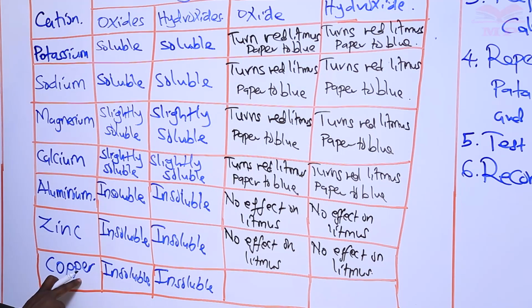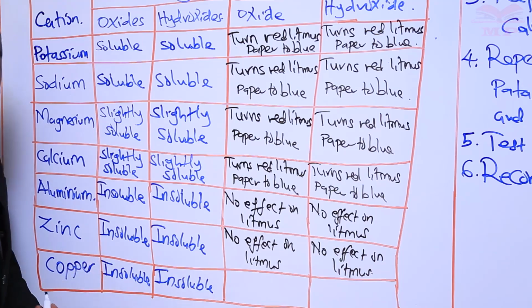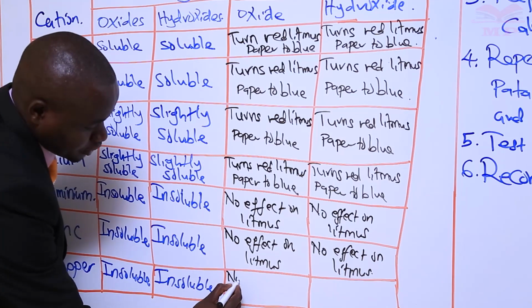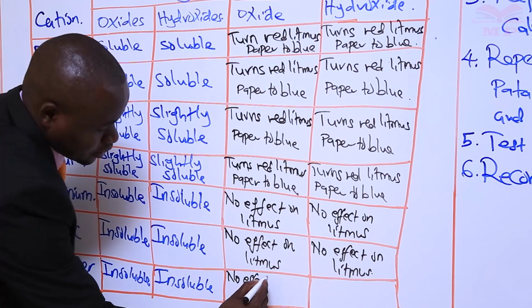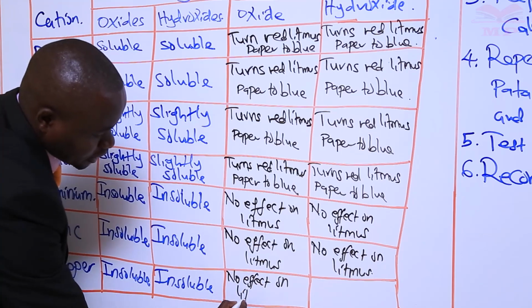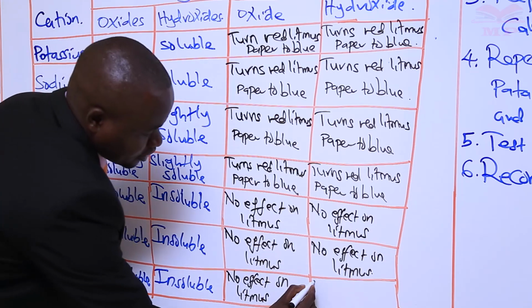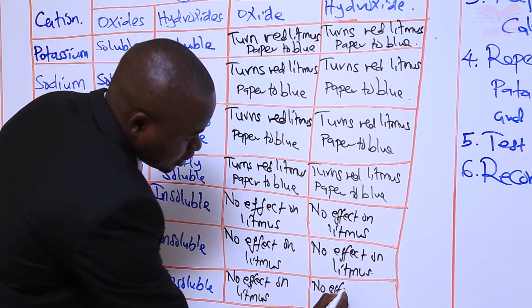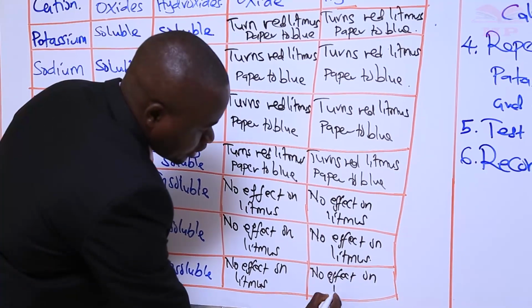The same applies to copper. We can see from the table copper oxide is insoluble as well as copper hydroxide. Therefore, we shall not form any basic solution, so no effect on litmus.